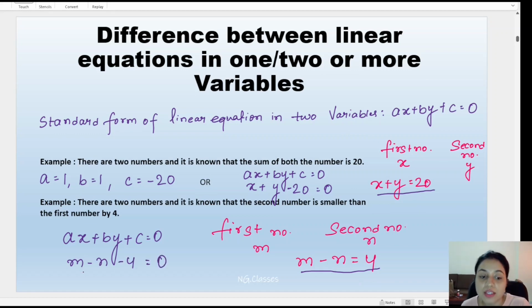And from here we can see the first variable has coefficient 1, right? As I said, instead of x and y, we can have any variables of our choice. So the first variable, m, has coefficient 1. Now the second variable, n, has coefficient negative 1, and the constant term is minus 4.